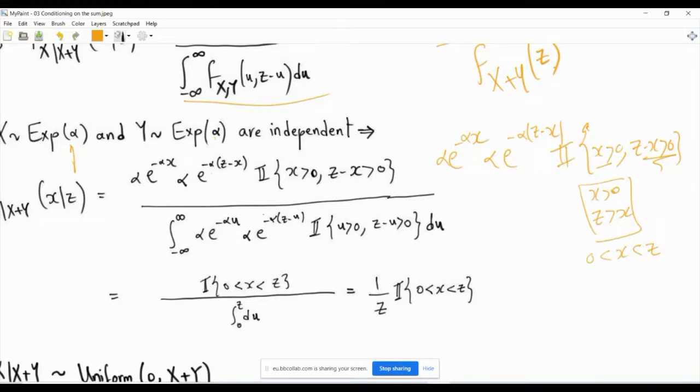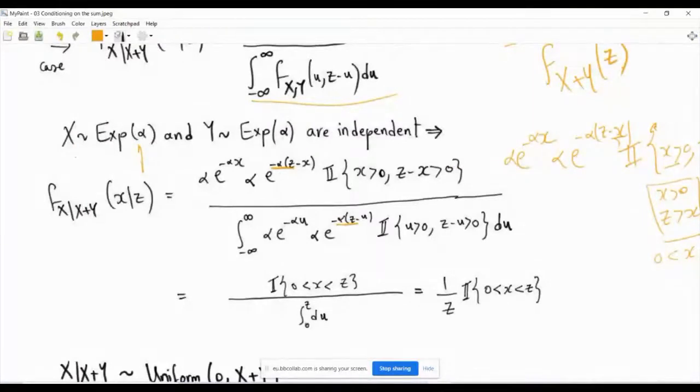And you will find that things cancel, right? Because you have e to the minus alpha x, e to the minus alpha times z minus x, so those cancel upstairs and downstairs, and we are left with an exponential e to the minus alpha z. But it's also in the denominator. It's independent of the dummy variable of integration, so it can be pulled outside and cancelled with the one in the numerator. So you end up with just x between 0 and z, and in the denominator you just have the integral of 1 from 0 to z, and this will give you z.